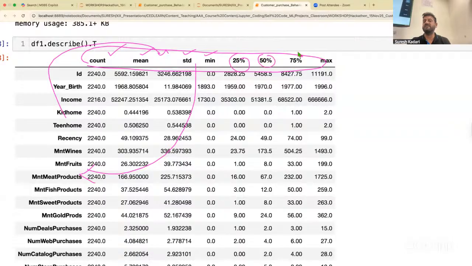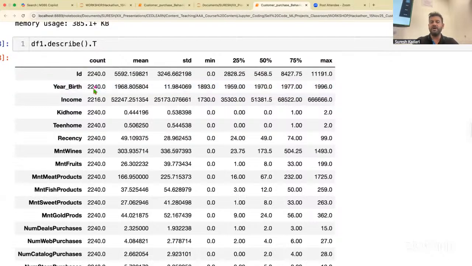What is 50%, 75%? So all these: median, maximum, minimum, standard deviation. When you have a distribution, what is the standard deviation? All those things give me an idea. If I look at year of birth, there are 220. What will count help me to understand?